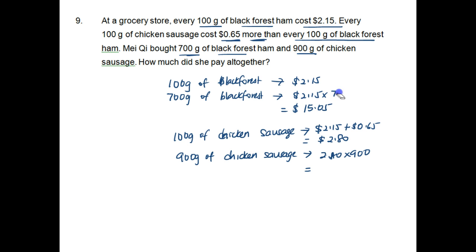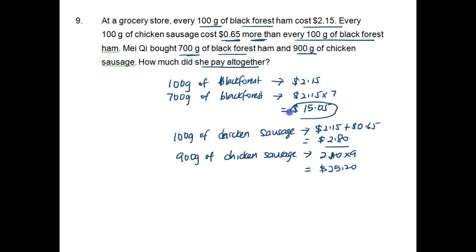I'm sorry, my mistake here is times 7 and times 9, because 100 gram is $2.15, so 700 gram is times 7. Similarly, 100 gram is $2.80, 900 gram will be times 9, and it will be $25.20.